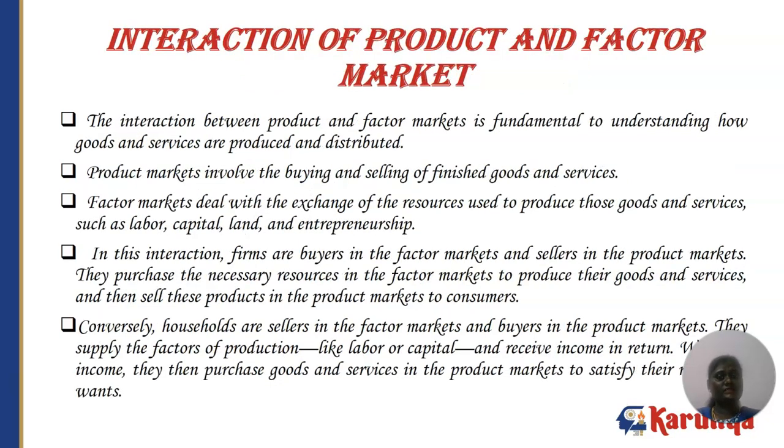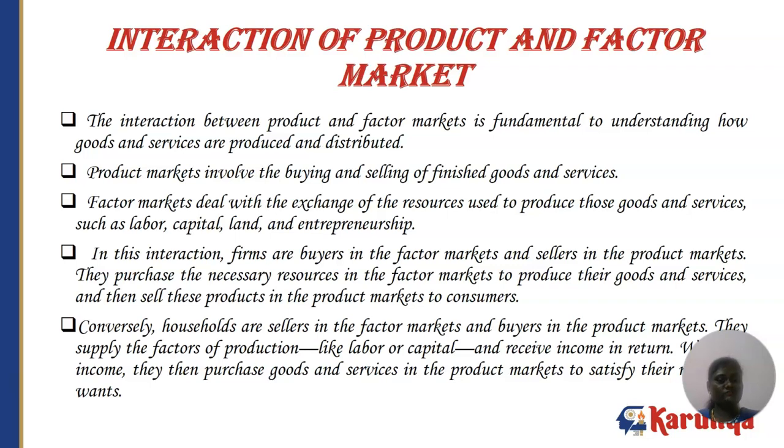The next topic is the interaction of product and factor markets. The interaction between the product and factor markets is fundamental to understanding how goods and services are produced and distributed. The product market involves buying and selling of finished goods and services, whereas the factor market deals with the exchange of resources used to produce these goods, such as land, capital, and entrepreneurship.